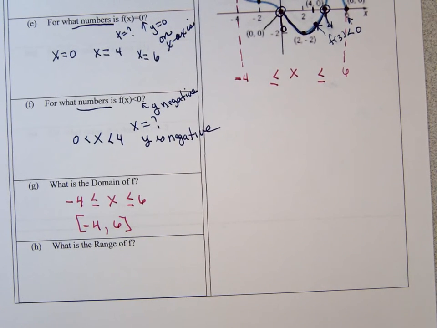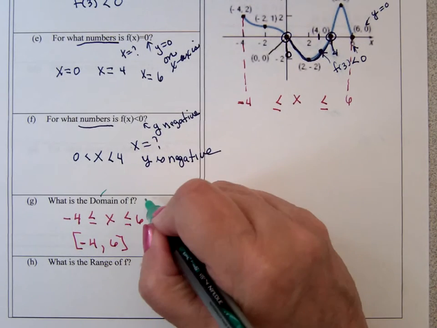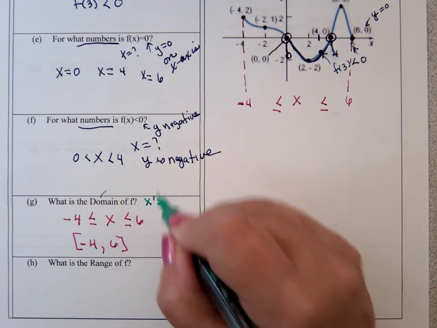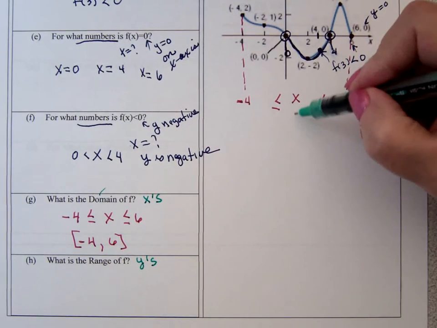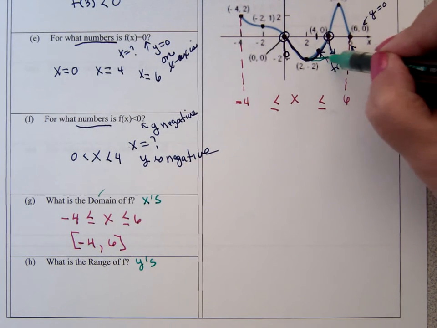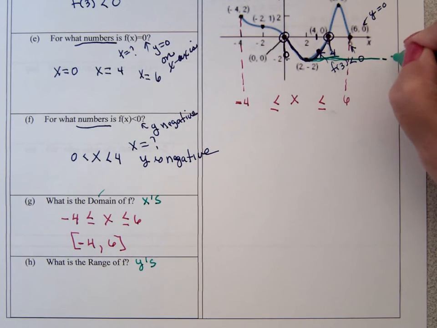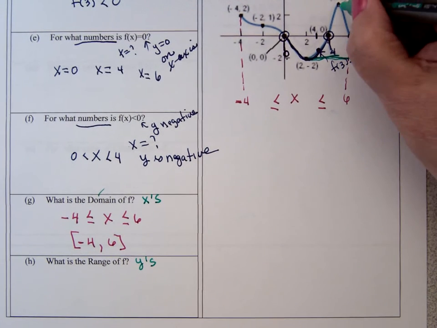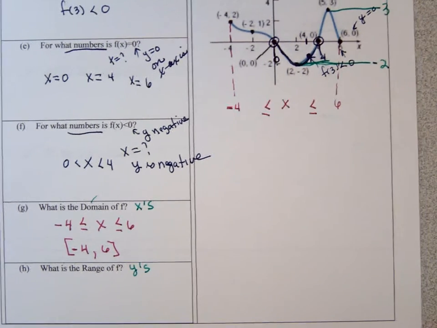What is the range? Well, the range is the y values. So if the domain are the x's, the range is the y's. So that means I'm coming up the y-axis. I first start seeing the graph right here at y equal -2. And it appears to stop at y equal 3.